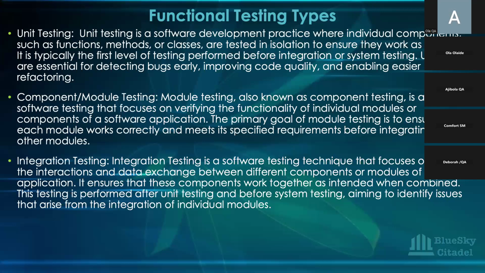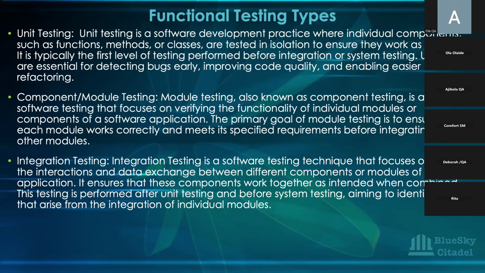For instance, if we have a function that adds two numbers together, a plus b, returning the value of a plus b, then we write a unit test to ensure that the output is actually correct.